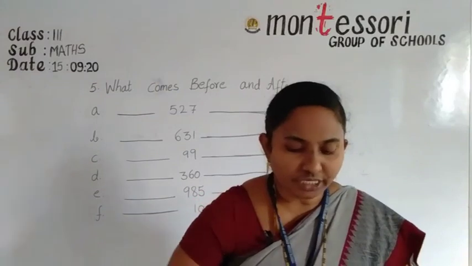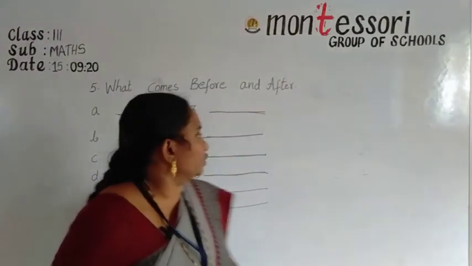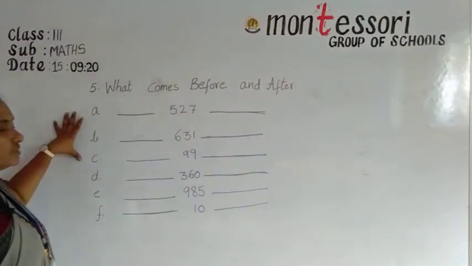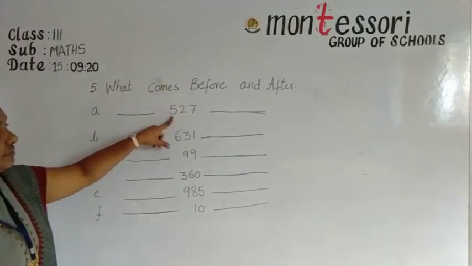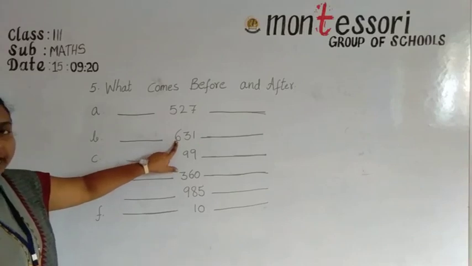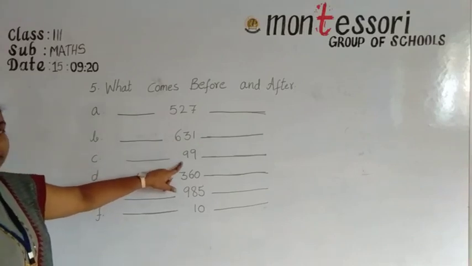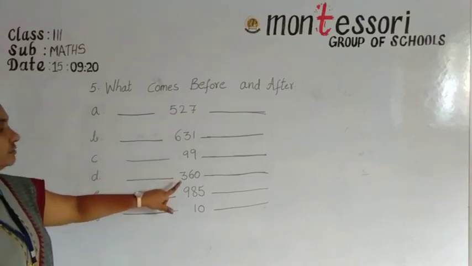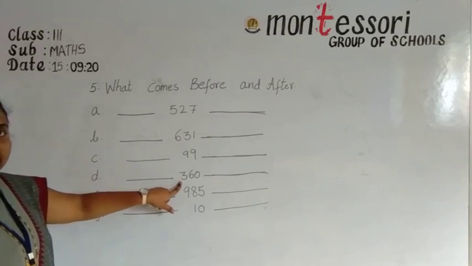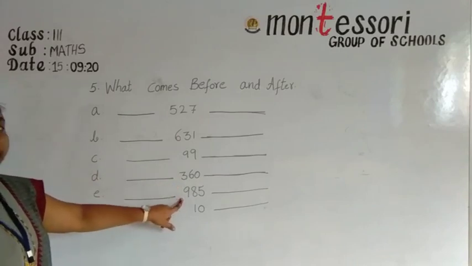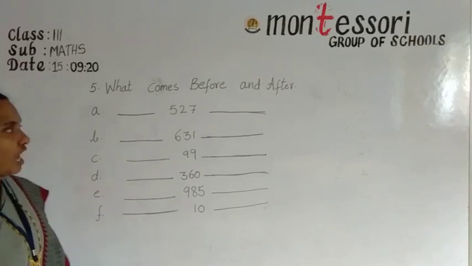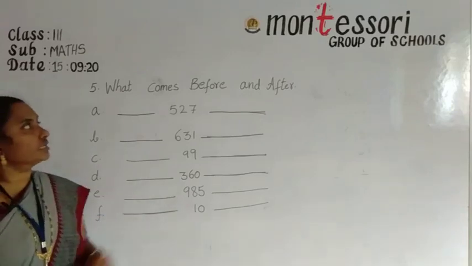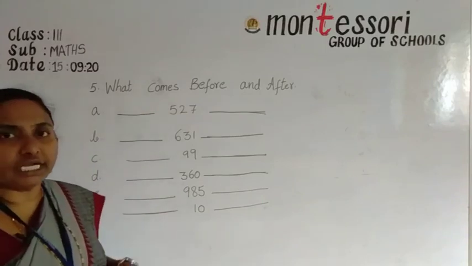Now here A to F means 6 problems given. 527, B bit 631, C bit 99, D bit 360, E bit 985 and F bit 10. So now we can find out the number that comes before and the number that comes after.